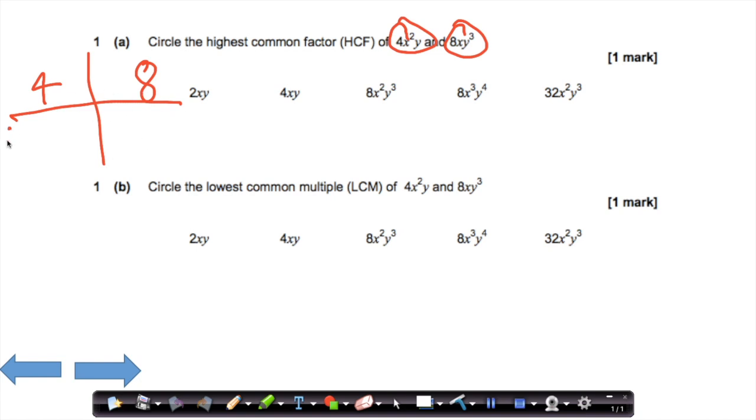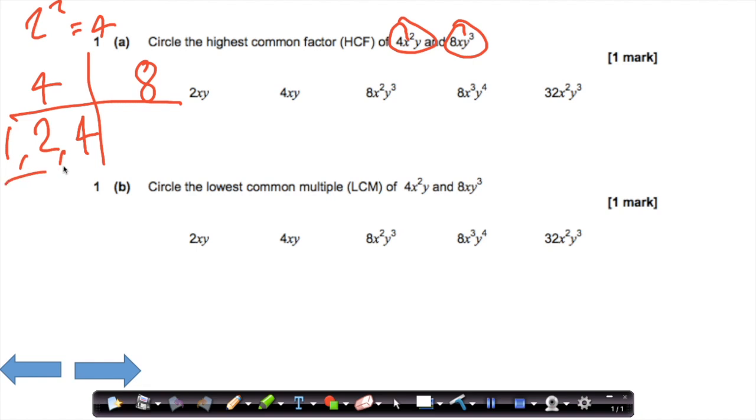The factors of 4 are 1 and itself, so 1 and 4. However, 4 is a square number made by 2 squared, therefore it also has the factor of 2.